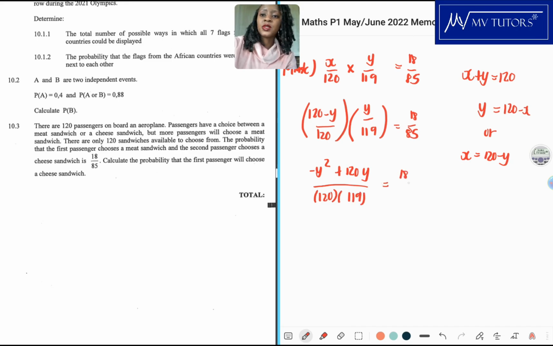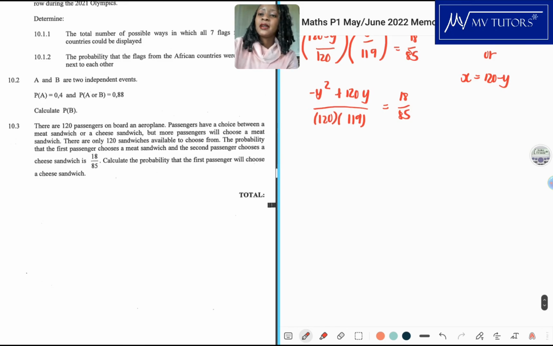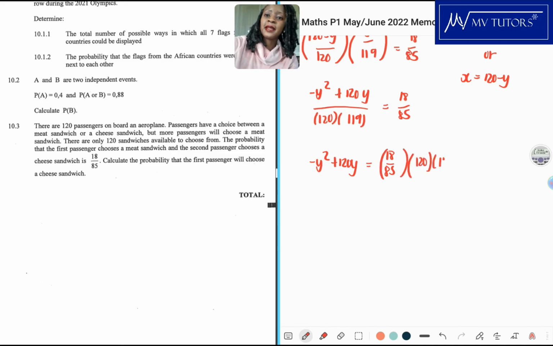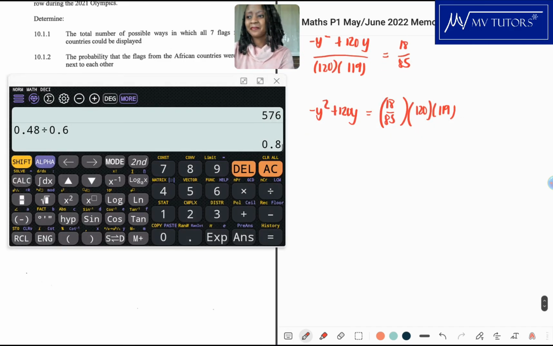So minus Y squared plus 120Y is equal to 18 over 85 multiplied by 120 multiplied by 119. At this point I need to get what that value is.